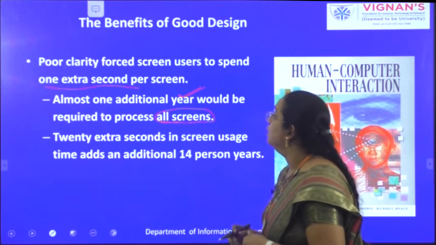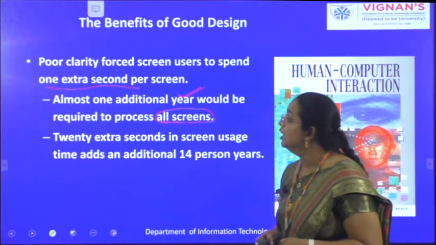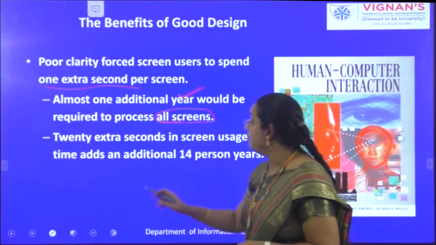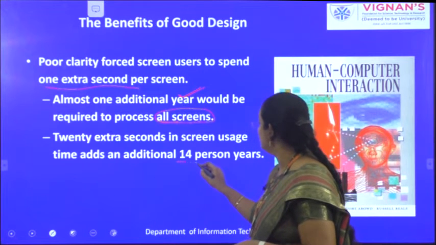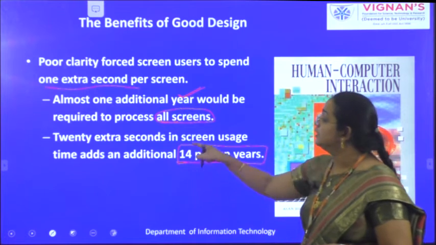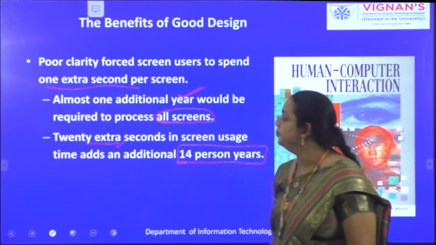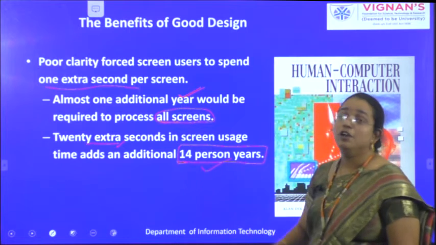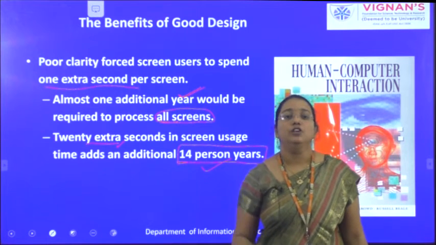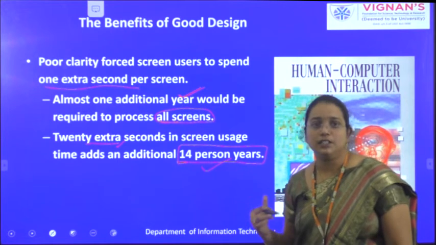Twenty extra seconds in screen usage time adds 14 personal years. In your lifetime, you are going to spend 14 extra years working with that computer.